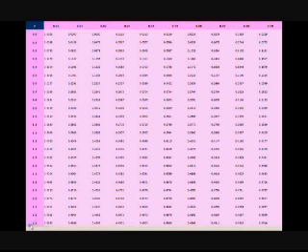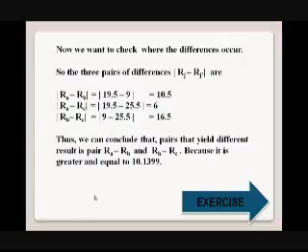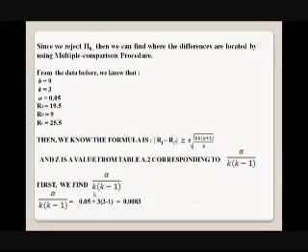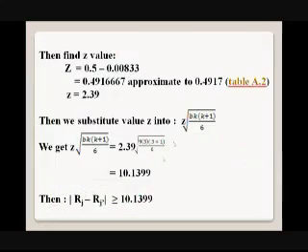We add 2.3 with 0.09 and we get the value of z equal to 2.39.